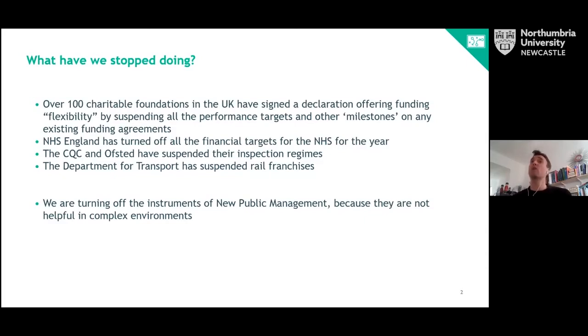NHS England have turned off all the financial targets for the NHS for the year. CQC and Ofsted have suspended their inspection regimes. The Department for Transport has suspended rail franchises. These are some examples of the many public management practices that have been switched off in the last 3 weeks.